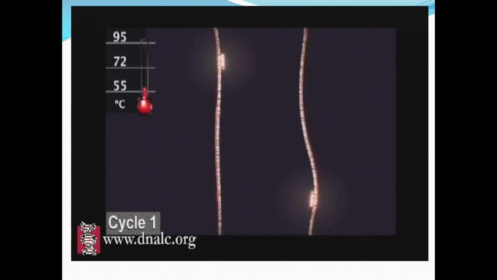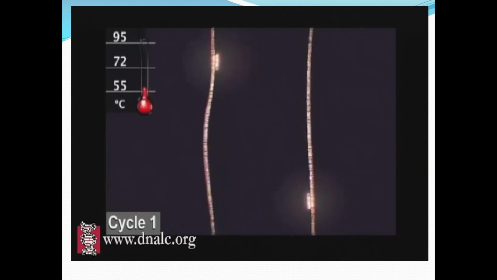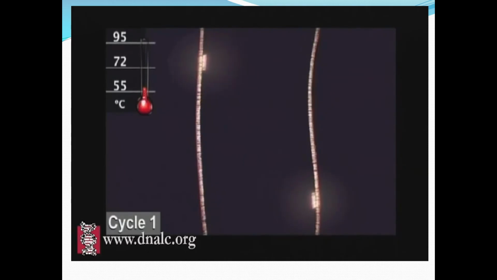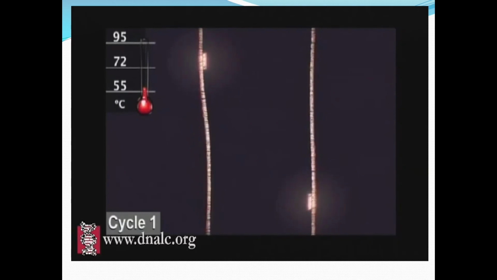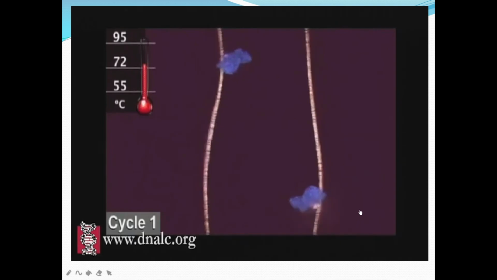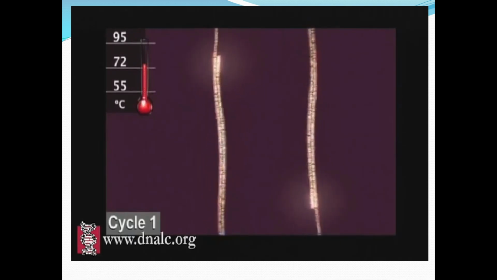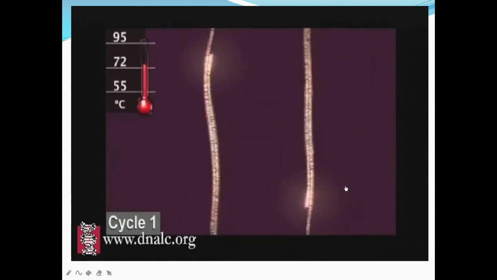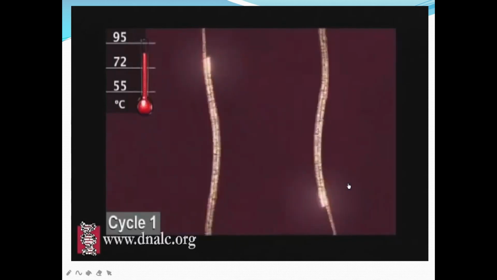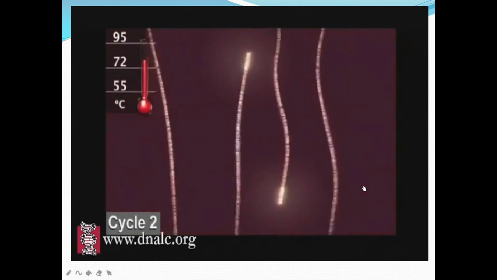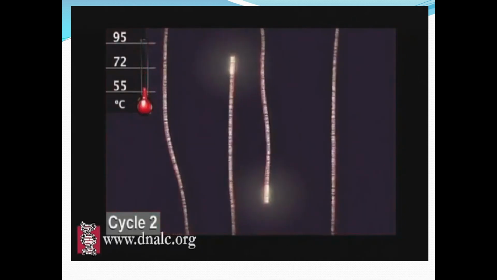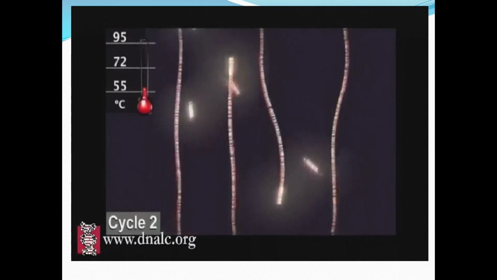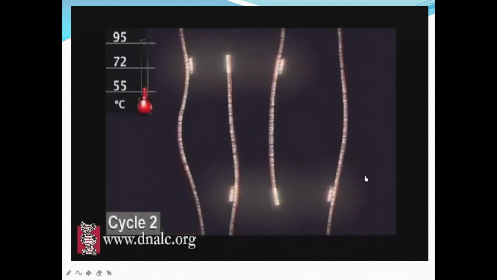At a slightly higher temperature, the enzyme Taq polymerase, shown here in blue, binds to the primed sequences and adds nucleotides to extend the second strand. This completes the first cycle. In subsequent cycles, the processes of denaturing, annealing, and extending are repeated to make additional DNA copies.